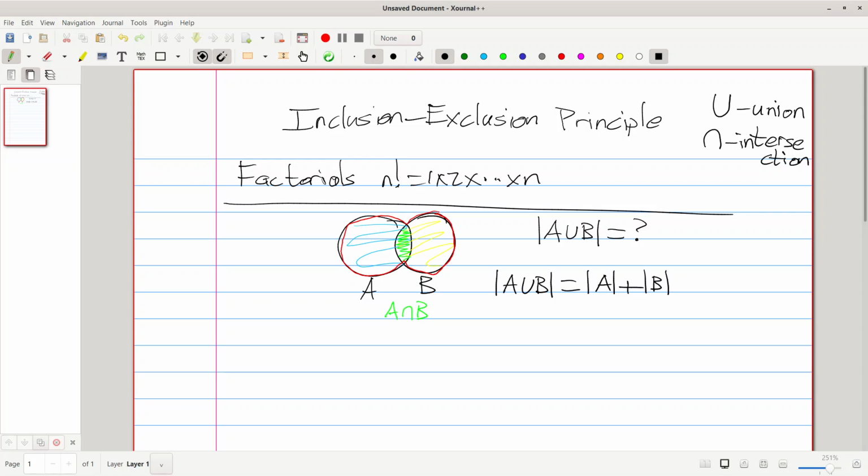But if they do overlap, if you look at the diagram, we're adding the number of elements in set A plus the number of elements in set B, and we're counting the middle part twice. So we need to subtract how many elements are in the intersection of A and B. Okay, and this is the inclusion-exclusion principle for two sets.